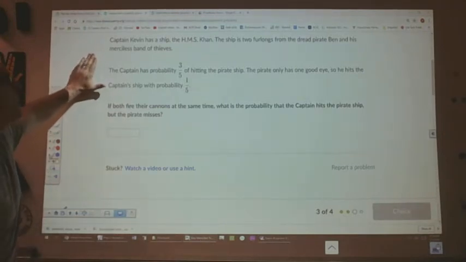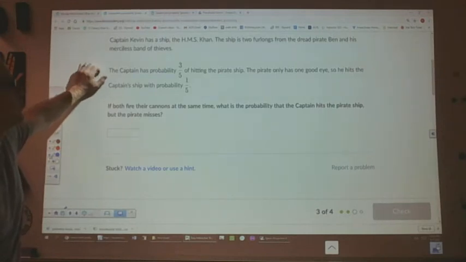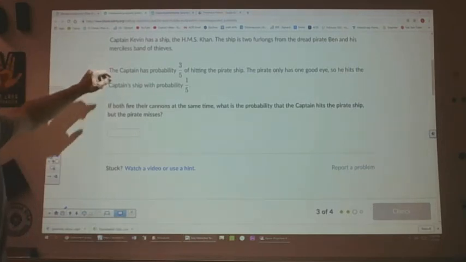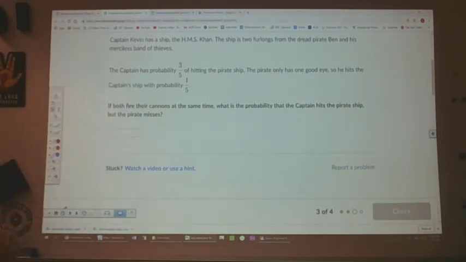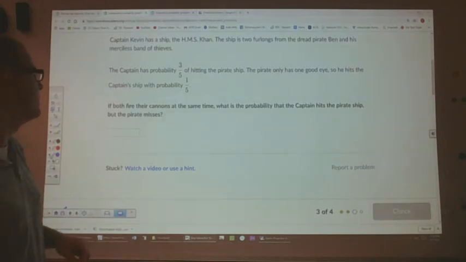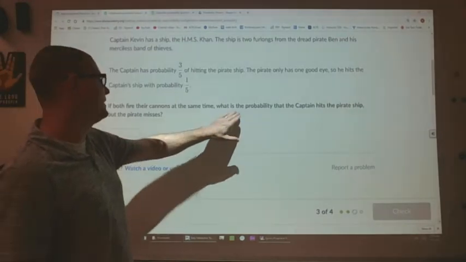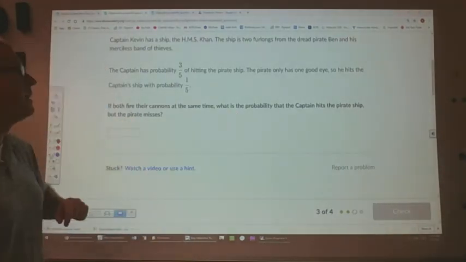Captain Kevin has a ship, the HMS Khan. The ship is 2 furlongs from the dread pirate Ben and his merciless band of thieves. The captain has a probability 3/5 of hitting the pirate ship. The pirate has only one good eye, so he hits the captain's ship probably 1/5. If both fire, what is the probability that the captain hits the pirate ship, but the pirate ship misses?